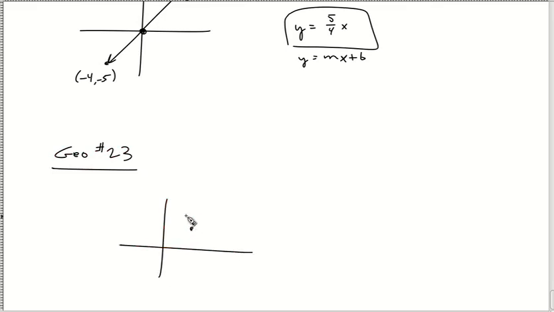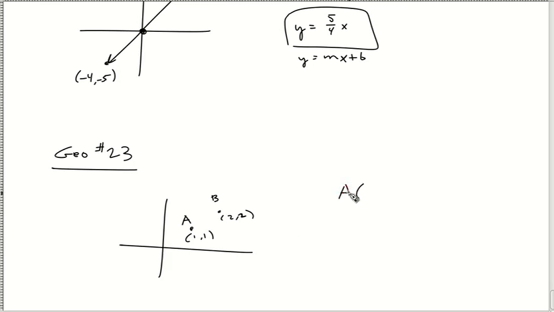Last one. They have a point A, and then they have a point B, and this is at 1, 1, and this is at 2, 2. And they say find the rectangular and polar coordinates. So coordinates, not equations. Okay, so that's fine.